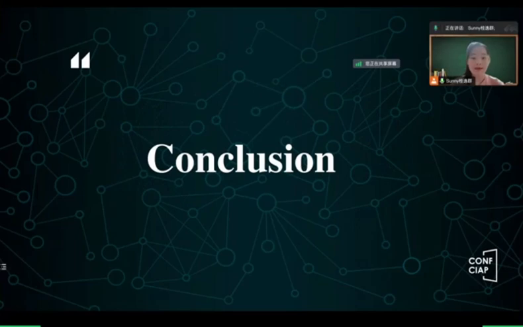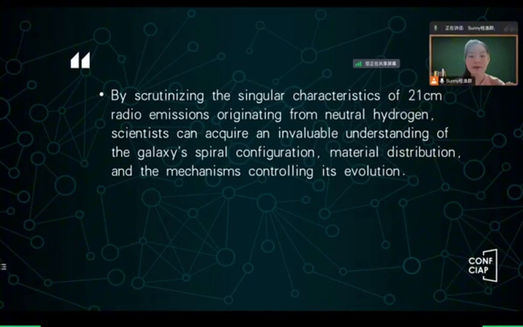And let's do a conclusion. As mentioned, scientists can acquire an invaluable understanding of the galaxy's spiral configuration, material distribution, and the mechanism controlling its evolution by exploring more on 21 centimeter radio emissions originating from neutral hydrogen.